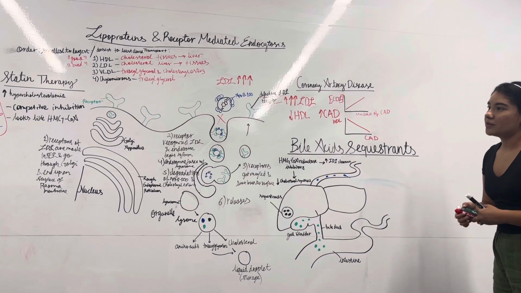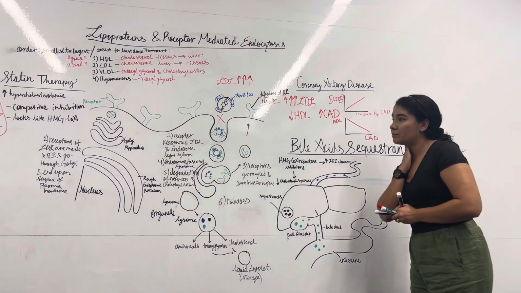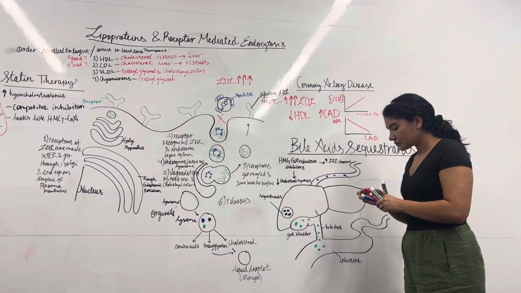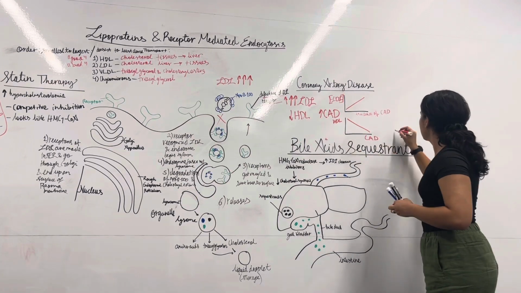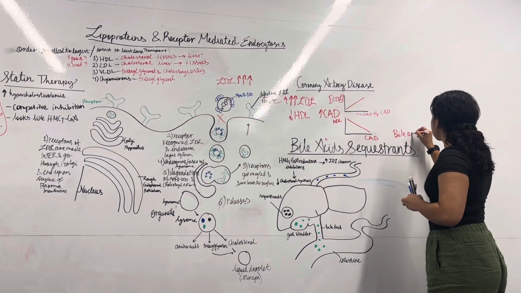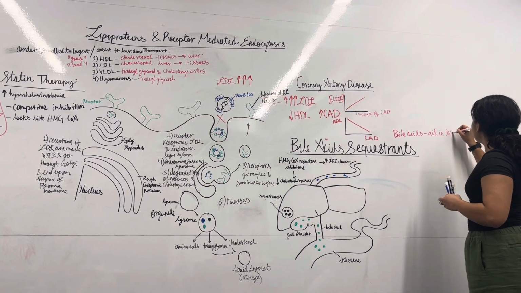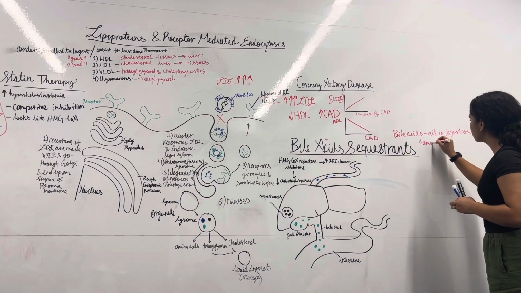So now we know also that cholesterol can be repurposed to make bile acids. And again, bile acids are important for digestion, right? Bile acids aid in digestion, and they are basically emulsifiers.